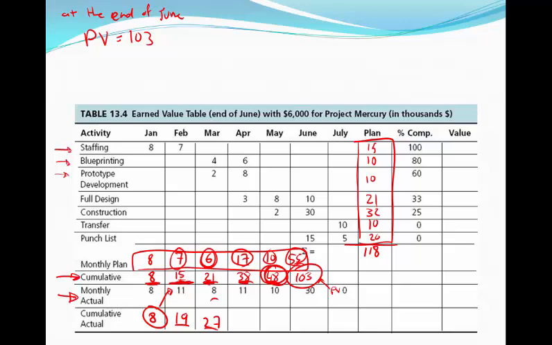April, again, you take the 27, add the 11, and that's 38,000. 38 plus 10 is 48,000. Add the 30, you're at $78,000 by the end of June. This number here is our actual cost.